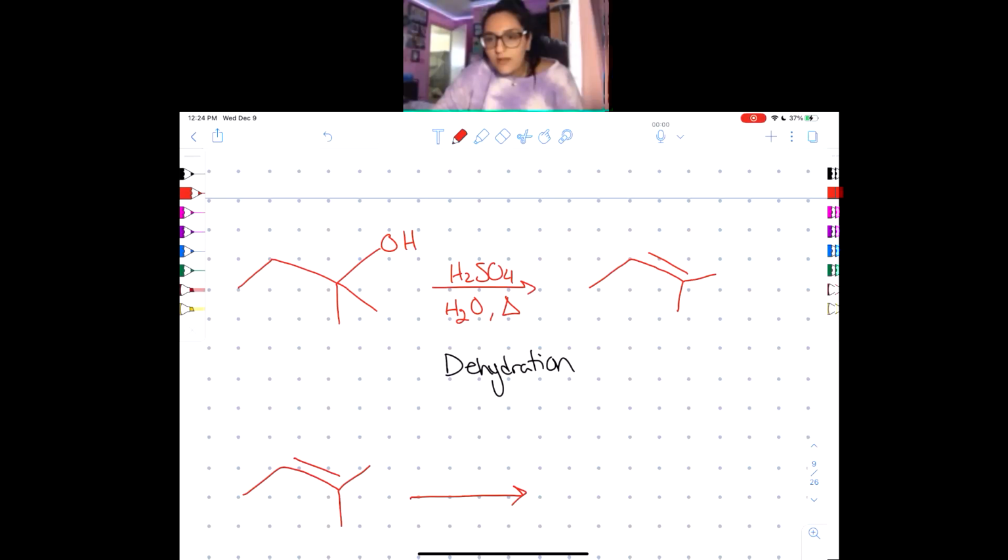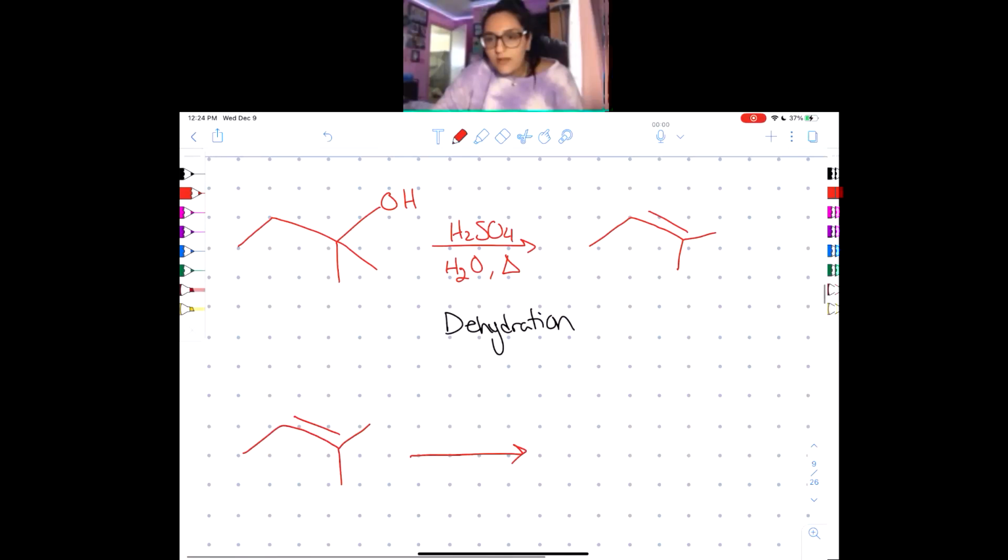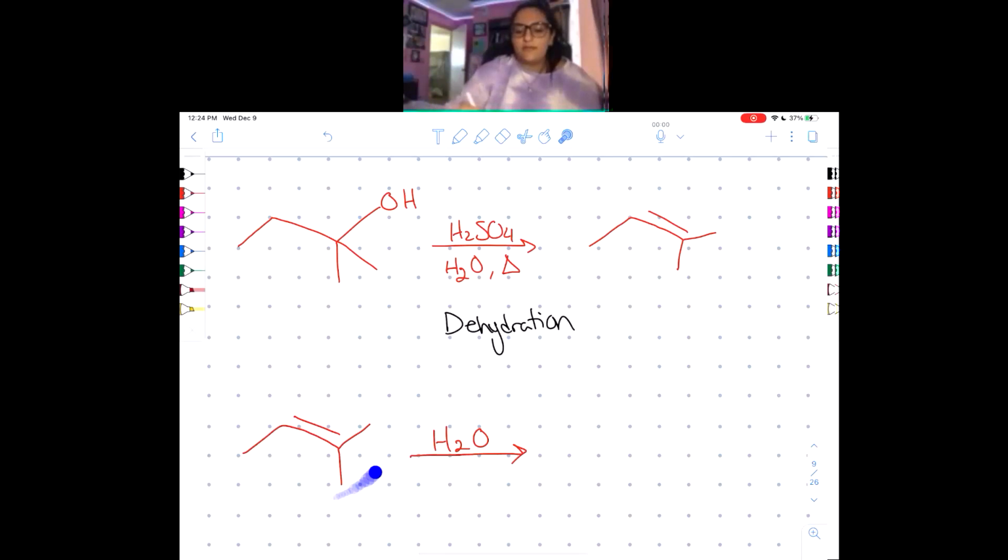Oh, yes, H2O, exactly. So we are going to use water, and that water is essentially going to be added back to here. There were some rules in Orgo 1 about which side you would add the OH and which side you would add the hydrogen. Does anyone remember that? If not, it's cool.